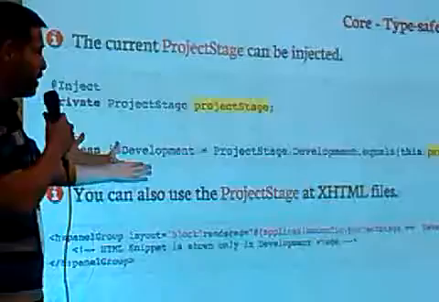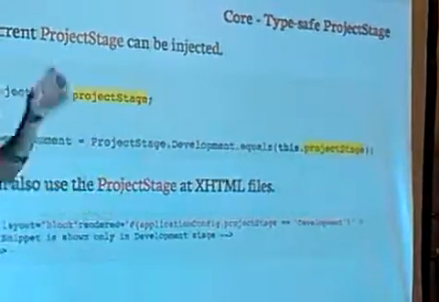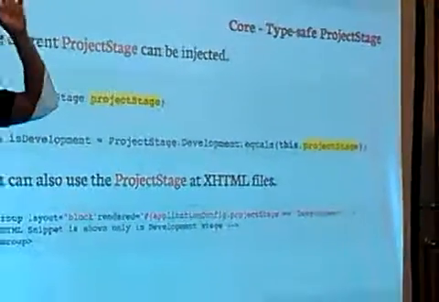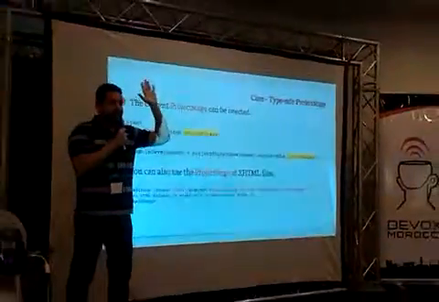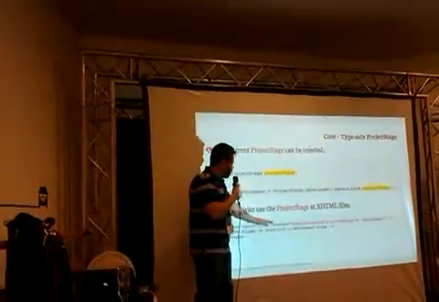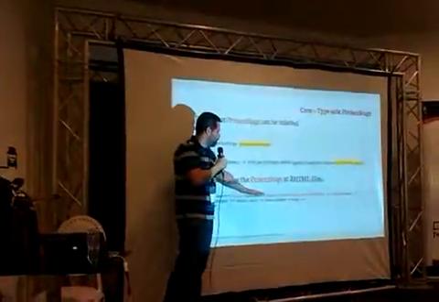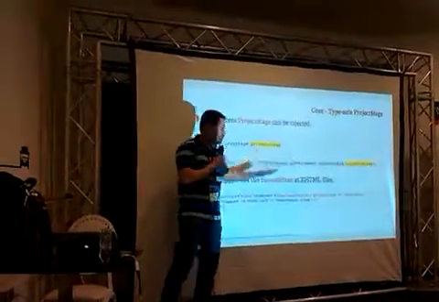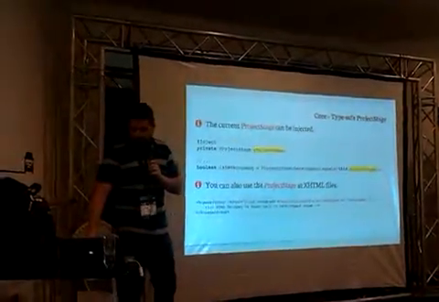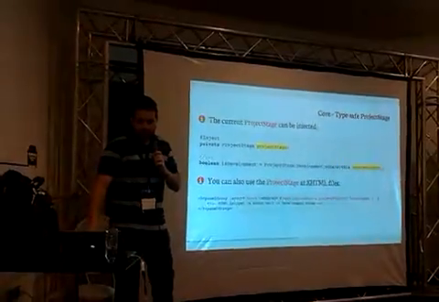You can use that also in XHTML files. For example, suppose that your application wants to show a big red banner saying, this application is under development. You just place code like here, using JSF. If the project stage is development, show the big red banner there. So you can have different behaviors from your application.